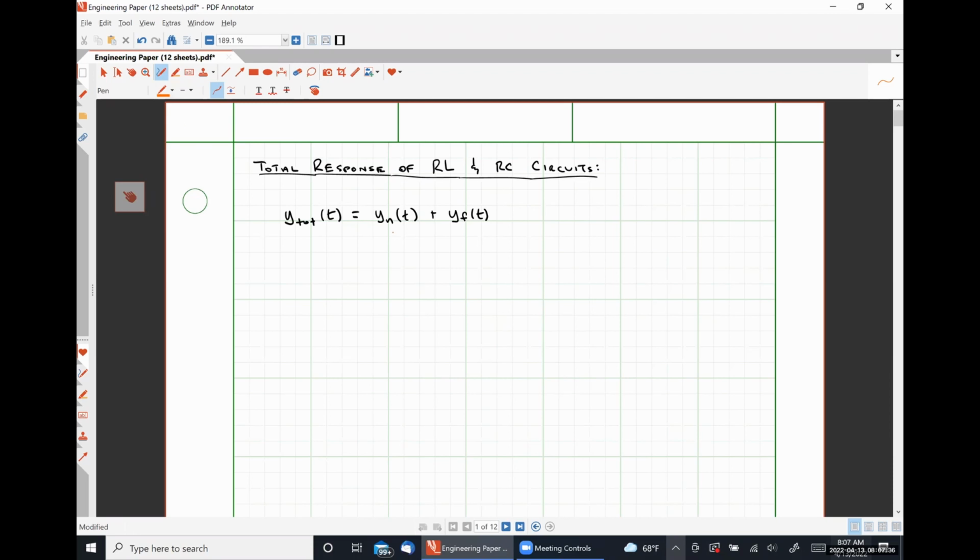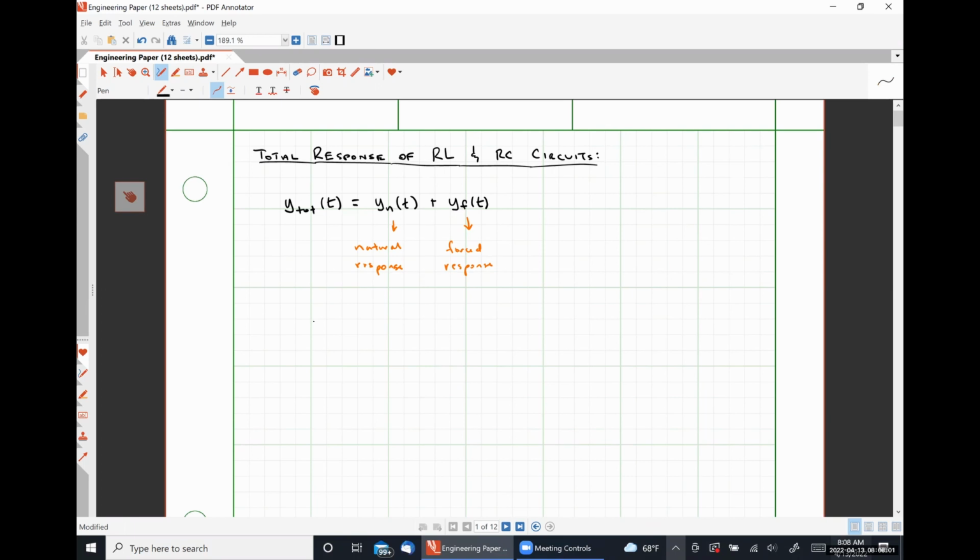So this bit right here represents the natural response. This bit right here represents the forced response. So let's talk very briefly about what the concept of forced response means.